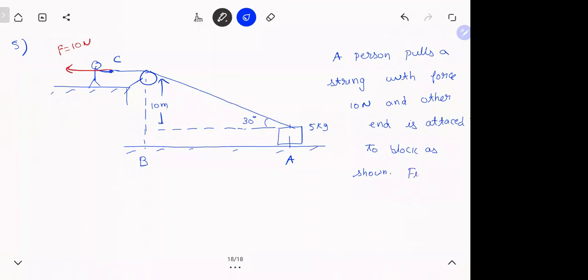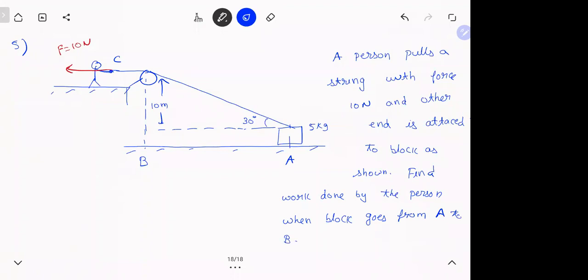The question is, find the work done by the person when the block goes from A to B. Ground is smooth. Hope the question is clear.